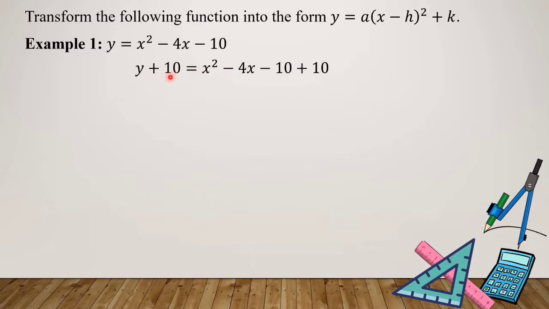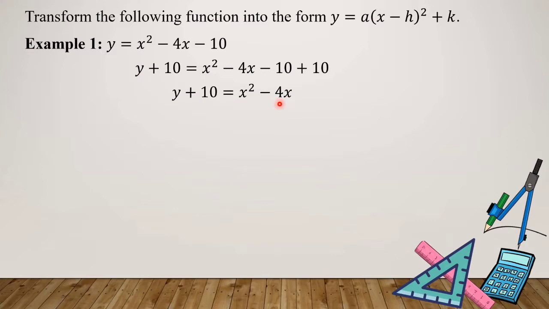So nakikita nyo na nag-add tayo ng positive 10 sa may tabi ng y, then ganun din to the other side. So, negative 10 plus 10 is equal to 0. So, our new equation is y plus 10 is equal to x squared minus 4x.